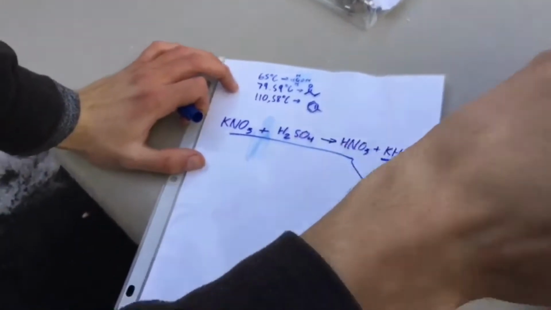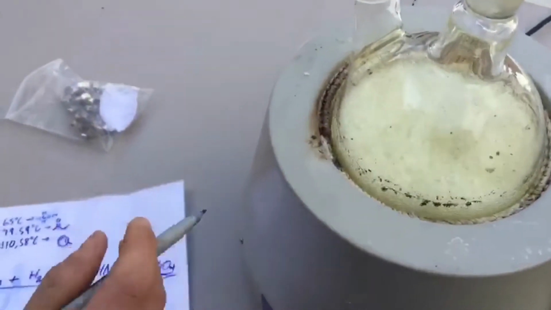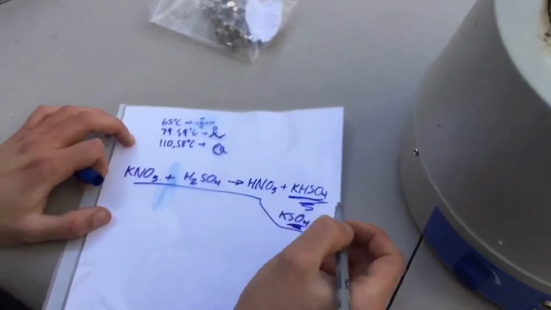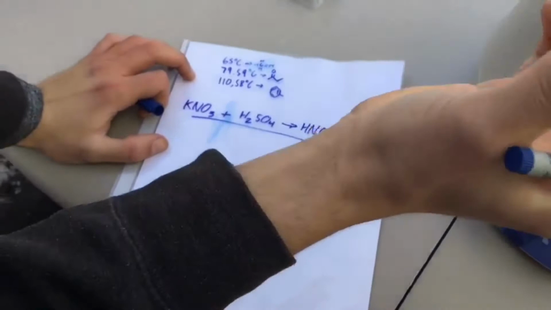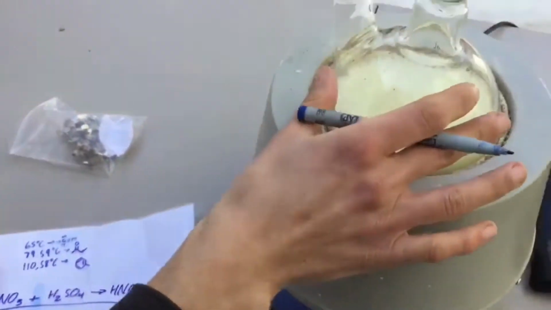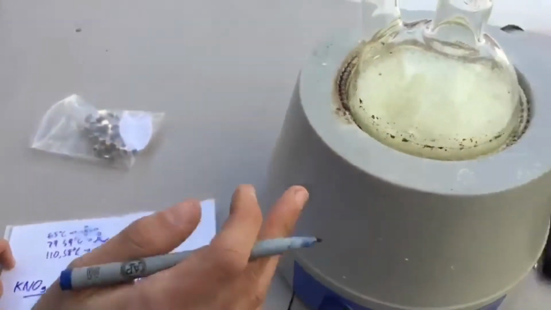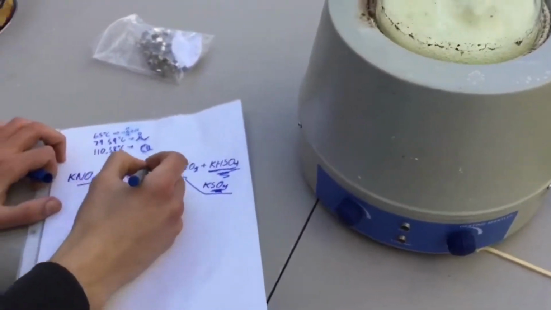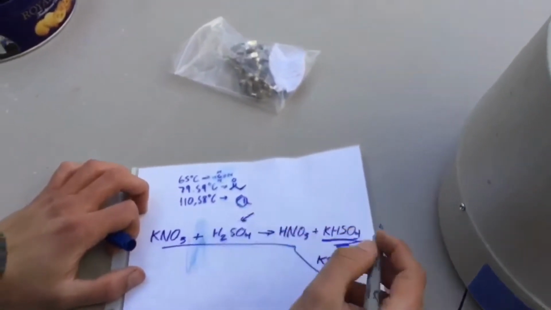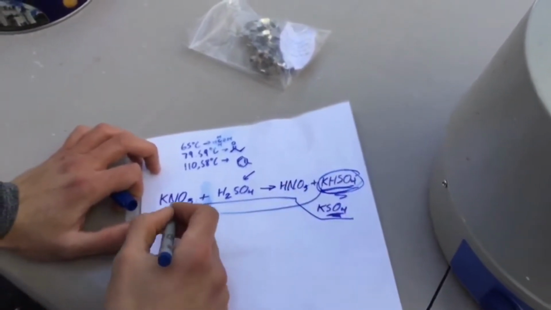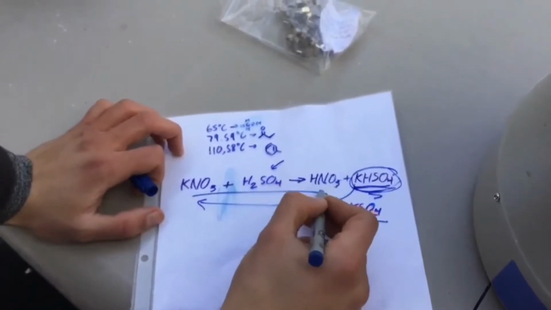So when you try to clean out your flask from all the salts left from the reaction, you're just left with a big hard clump that's stuck in your reaction flask. I've never had to deal with it because I always make sure that I add enough sulfuric acid so that this doesn't get consumed by the potassium nitrate to make more nitric acid.